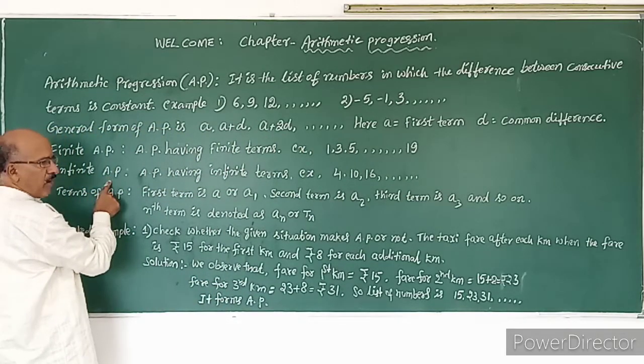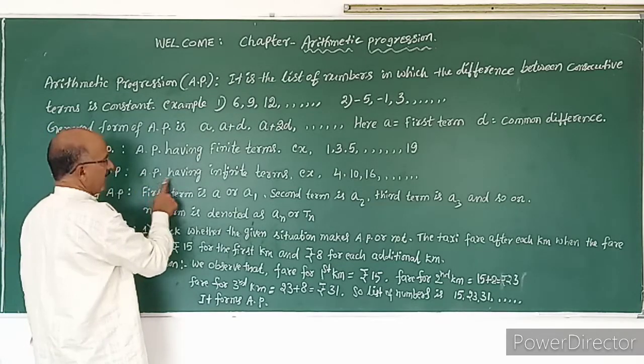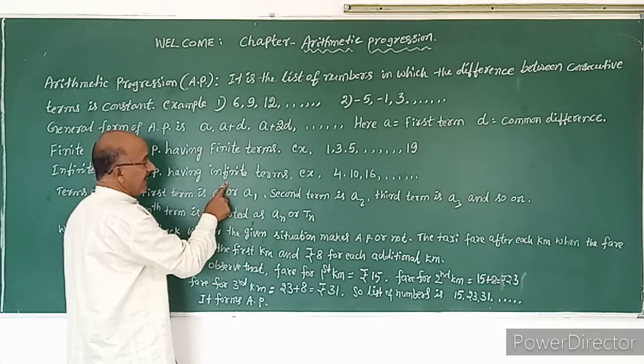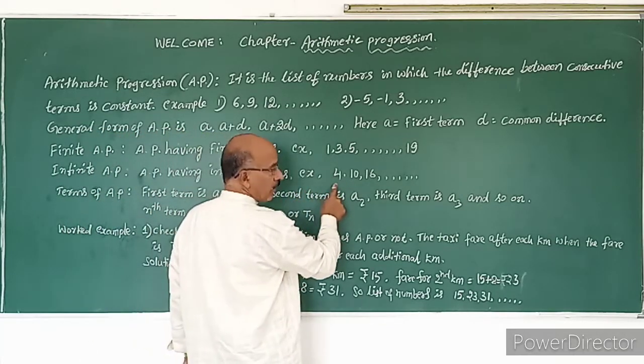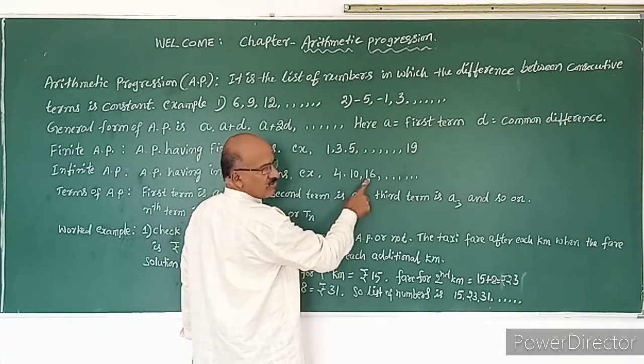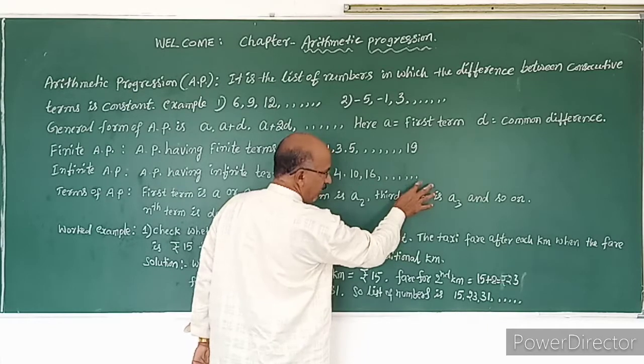Infinite arithmetic progression is an arithmetic progression having infinite terms. Example: 4, 10, 16 and so on, and the last term is not given.